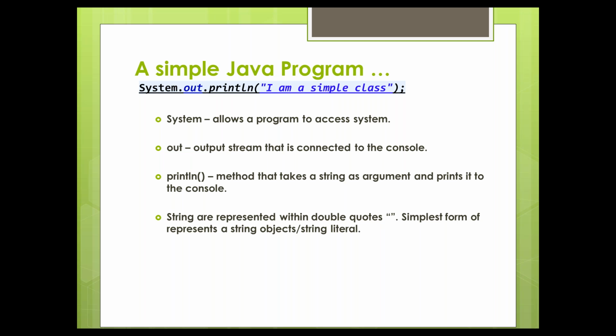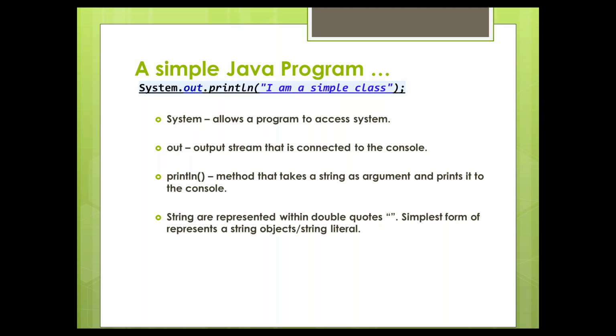So here, I am a simple class is a string. How do we know that it is a string? We enclose whatever we want to print on the console within double quotes. In Java, whatever is included within double quotes, starting the double quote and closing the double quote, is called a string, specifically a string literal.